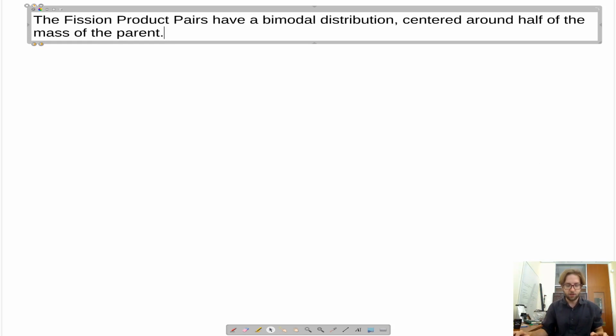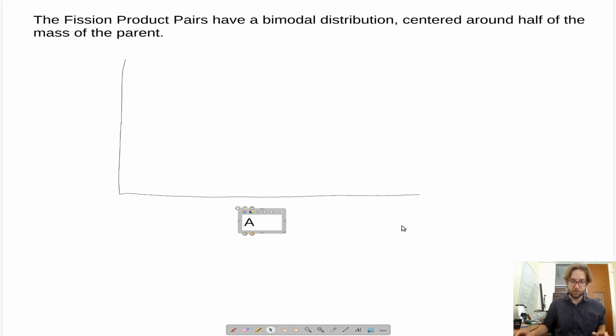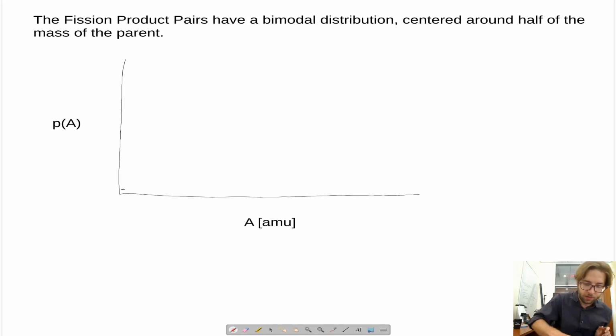So to draw this out, let's put down some axes here. And so if I want to plot this as a function of atomic mass number, so my A number in AMU over here, and we'll say the probability that I get that particular atomic mass number here, which is unitless because it's a probability. My distribution is going to look bimodal.